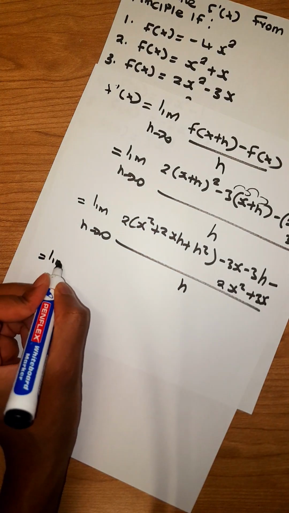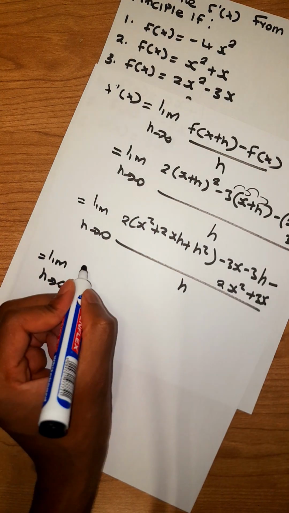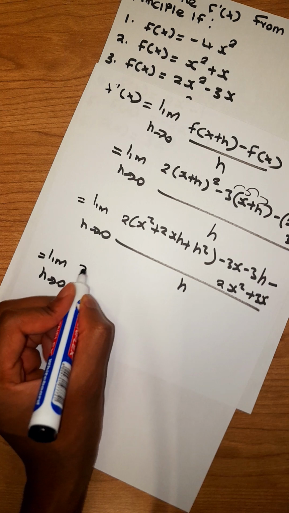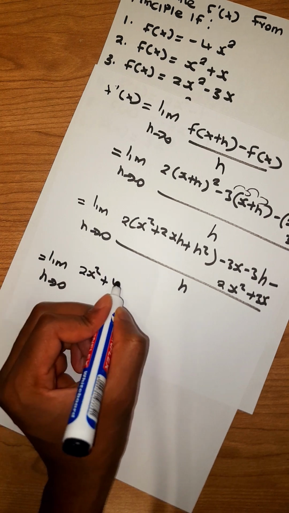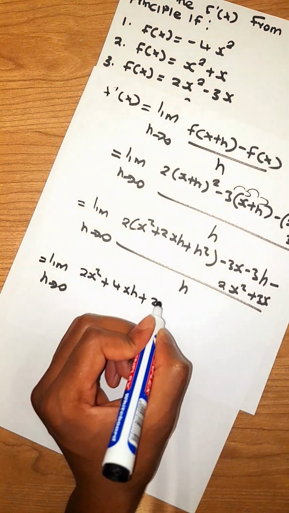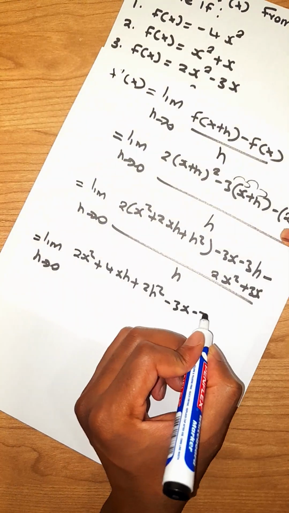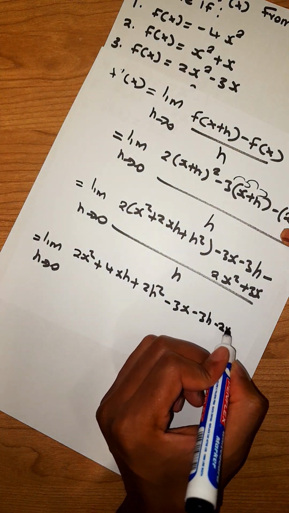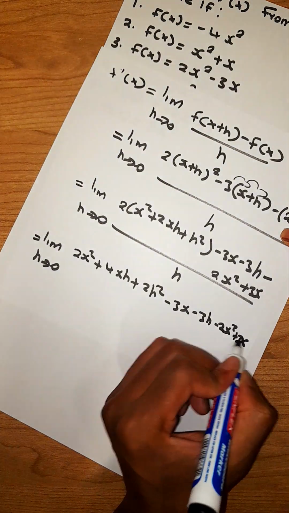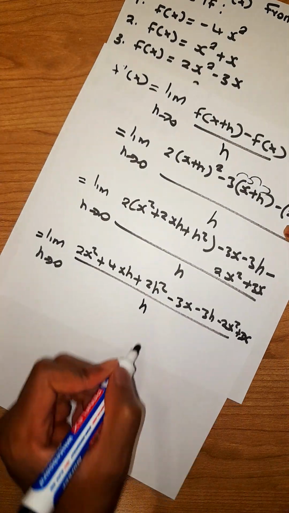Now the limit as h approaches 0, it is going to be, you times this out by 2, x squared, 2x squared plus 4xh plus 2h squared, and then you'll be left with minus 3x minus 3h minus 2x squared plus 3x, and then you're going to divide this entire thing by the value of h.